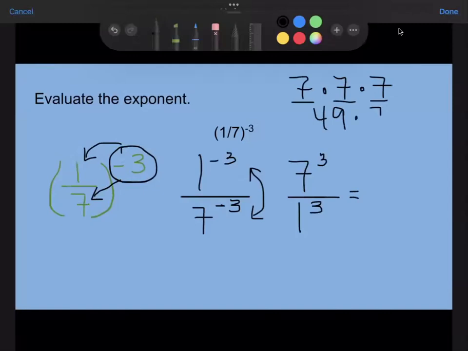And if you multiply that by 7, you end up with 343. So that's what's going to go on the top. And then 1 to the third power is just 1 times 1 times 1, so that is 1. Any number over 1 is just that number. So that means 1/7 to the negative third power is 343.